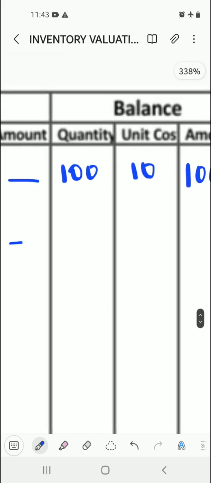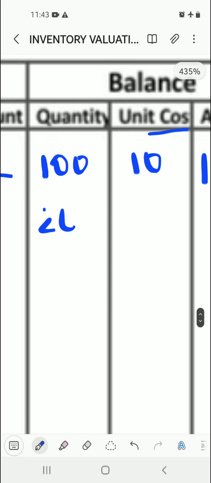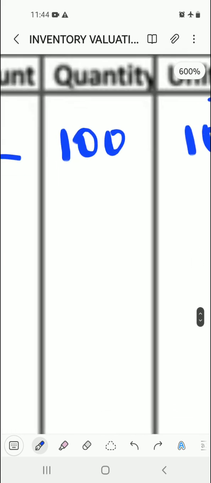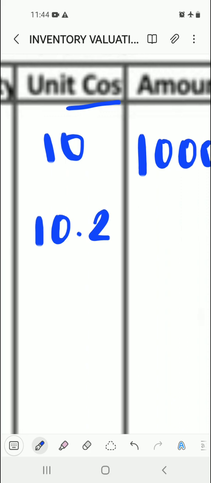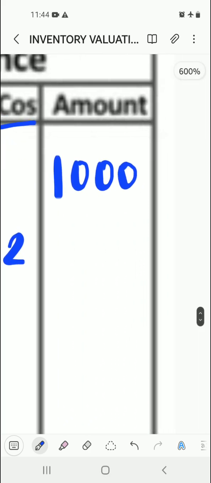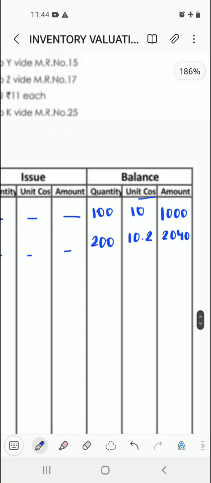Simply we are going to write it down in the balance as well. That is 200 more is added over here. So we are going to write 200 in balance, and the price is 10.2 as we already knew, and the amount was 2040. After this we are going to add up and write what is there with us.